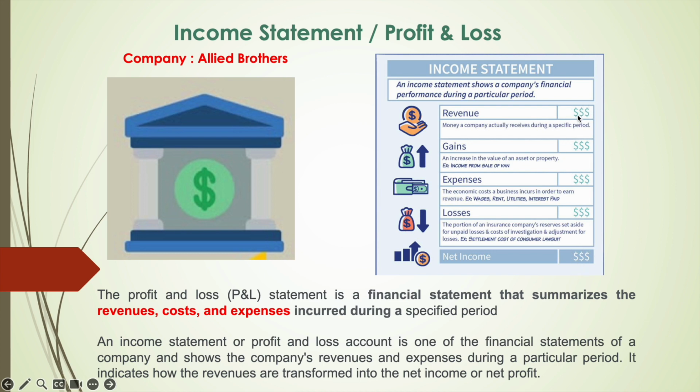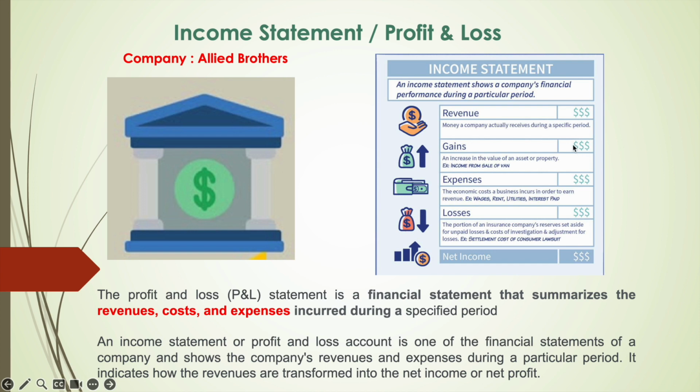Revenues, also known as sales or turnover, represent the total income generated by a company from its primary business operations. This includes revenue from the sale of goods or services, interest income, rental income, and any other sources of operating revenue.